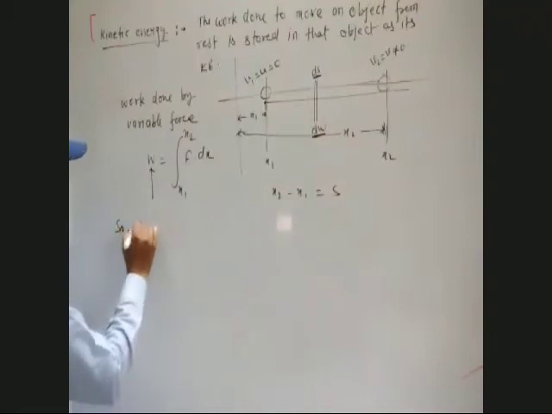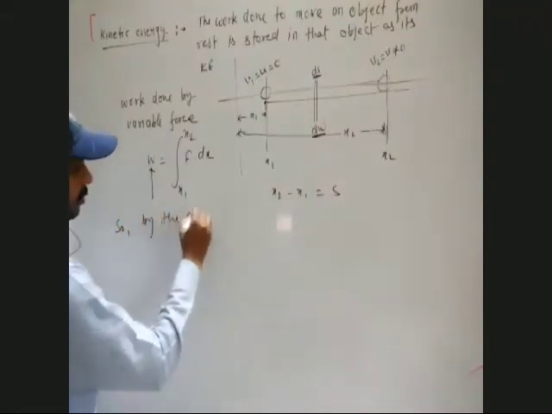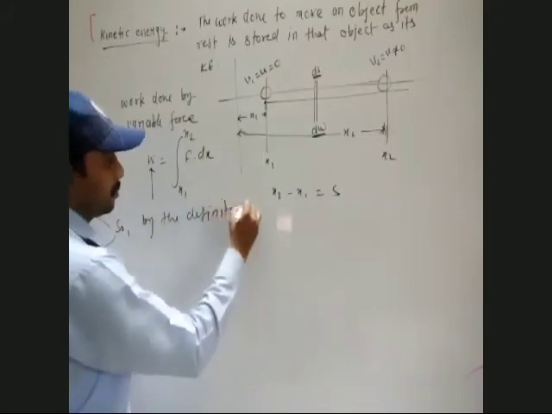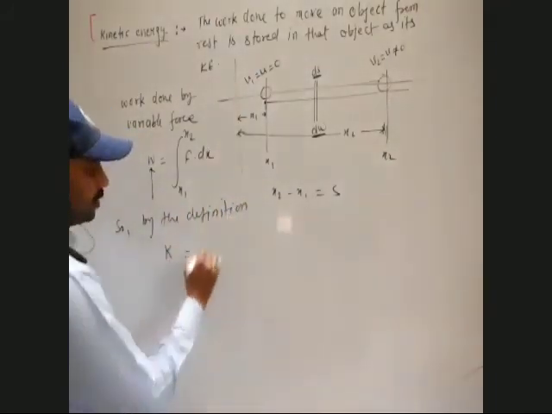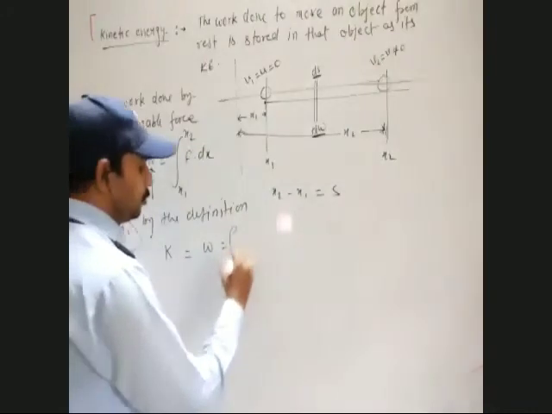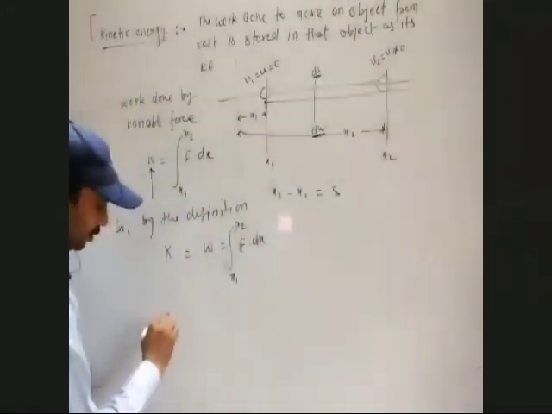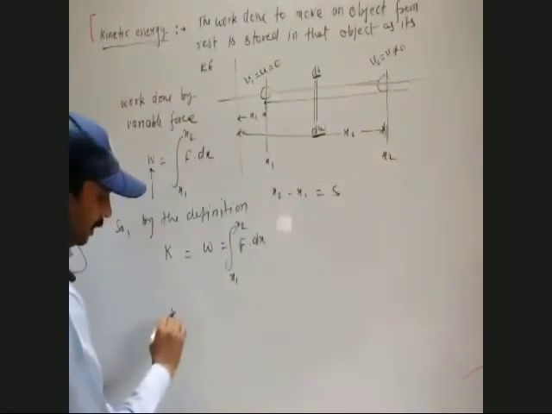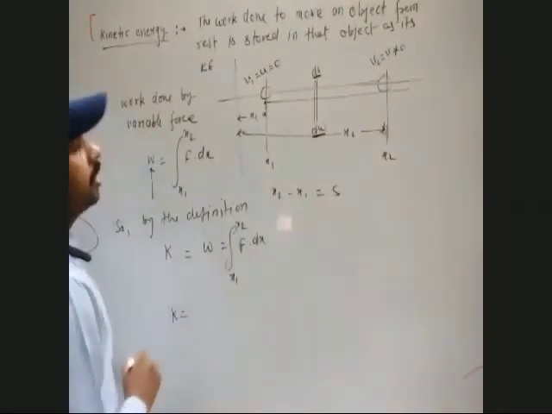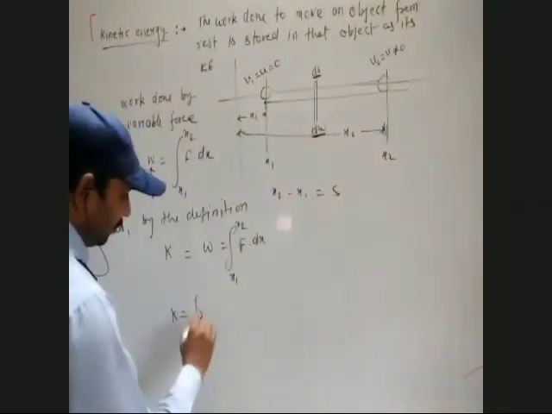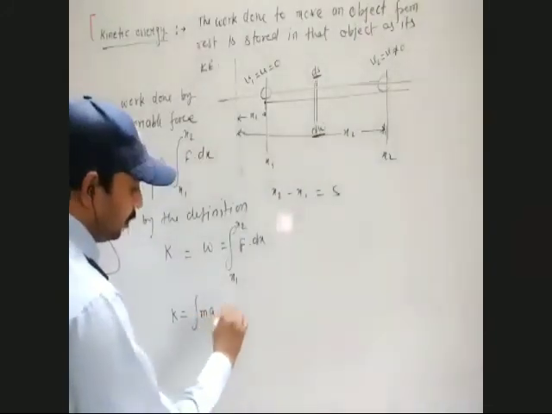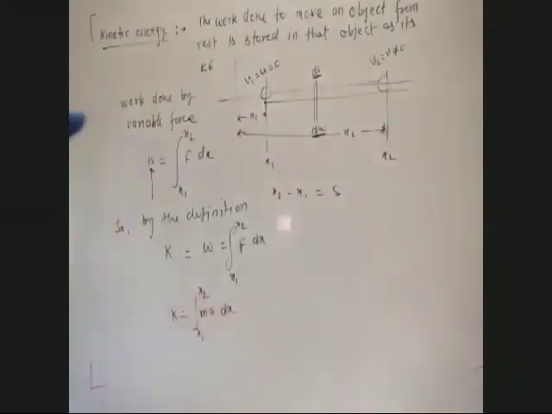So by the definition, kinetic energy is equal to work done, which is equal to integration x1 to x2 f dot dx. So kinetic energy K is equal to integration of f dot dx, F equal to ma, into dx, x1 to x2.